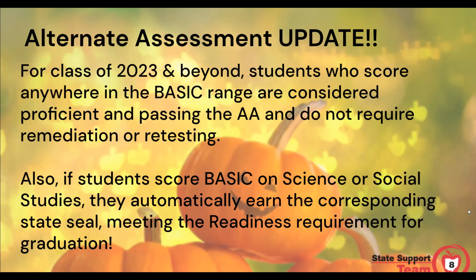Helen and I were laughing yesterday saying the whole 500 proficient score is kind of a moot point now. We don't know if they'll do away with that language or not. They may, we don't know that yet. But the reality is basic has now become proficient for all intents and purposes, because it now means they have passed, which is, again, great news.